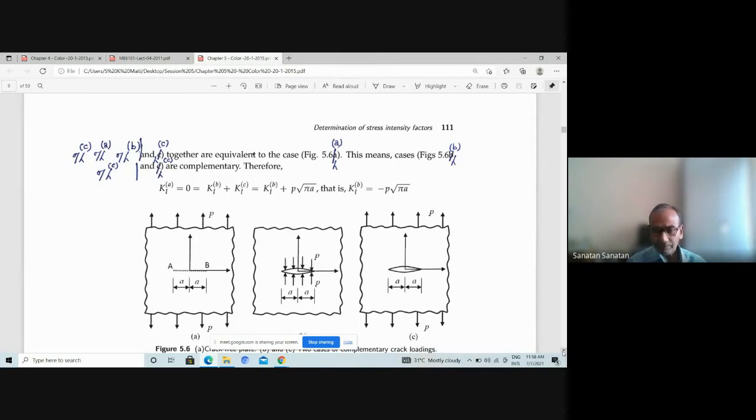I can consider an infinite plate where there is no crack, and now imagine an imaginary crack spanning from A to B. Since there is no crack, there is no SIF at points A and B. So if I have this pressure loading compressing the crack faces, and this case which is opening the crack face, then we can get the solution for both problems.